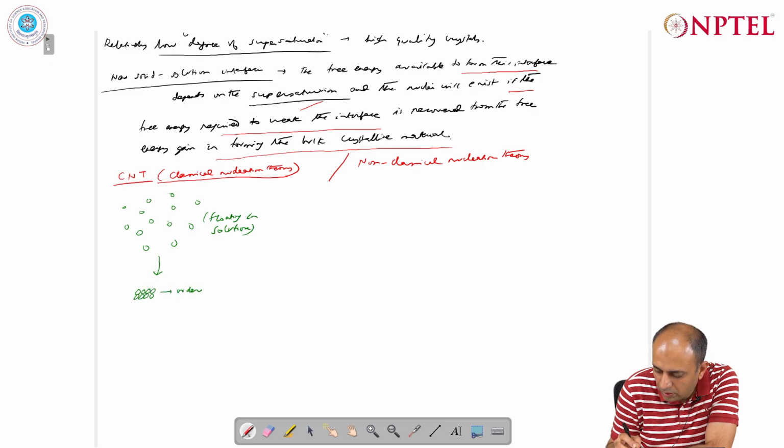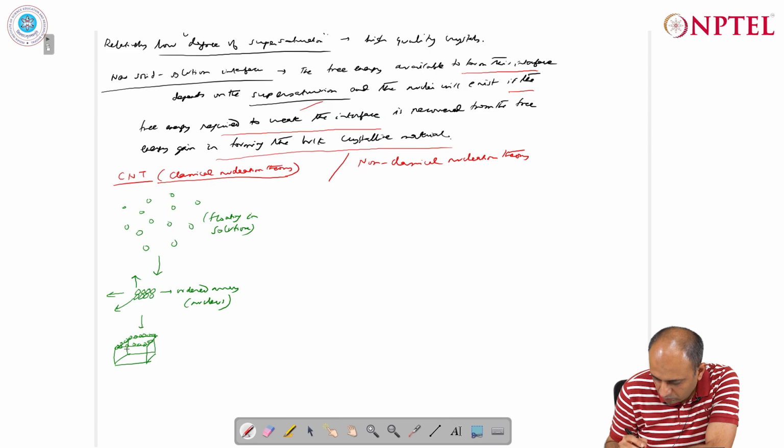This is an ordered array. So, this is the nucleus of the right size, and now this nucleus can grow in 3 different directions and can give you the crystal.